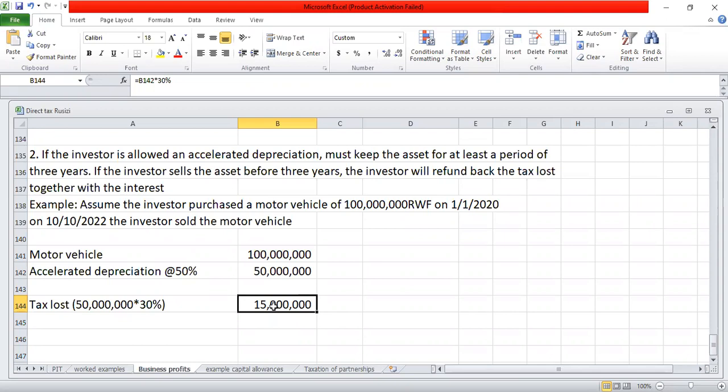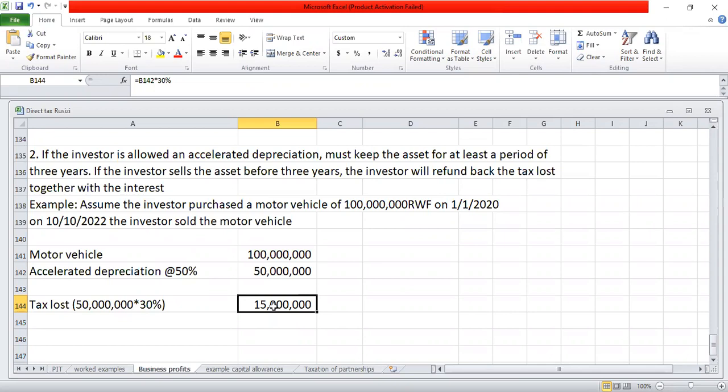Now the challenge is, when is this allowance given? Is it given on 1st of January, or is it given at the end of the year? Is the allowance given when you purchase the asset, or is it given when you are computing the tax?